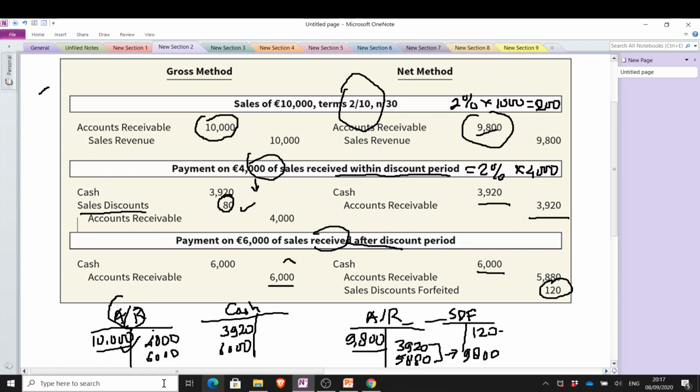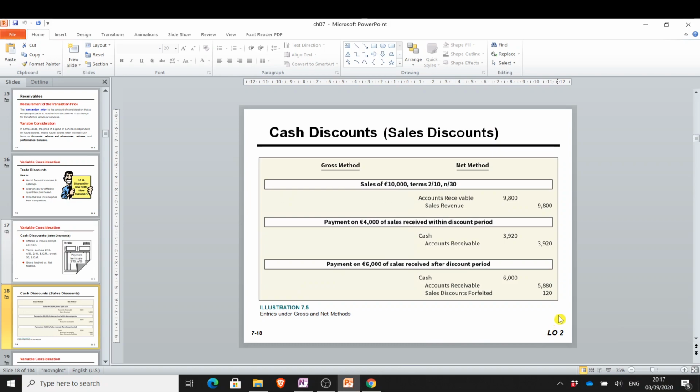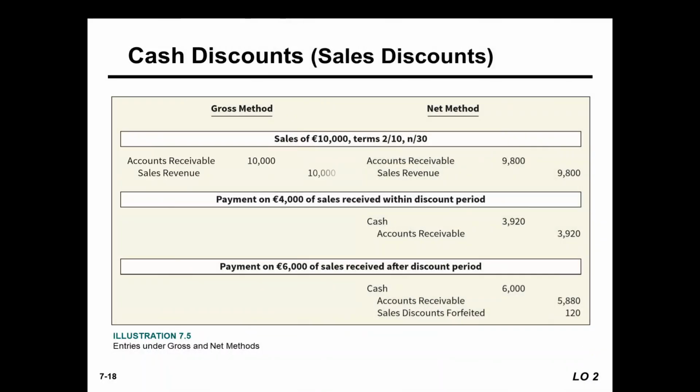So you can see now that the difference between those two methods is that in gross method we record account receivable as the amount of the sales that we record with our customer.